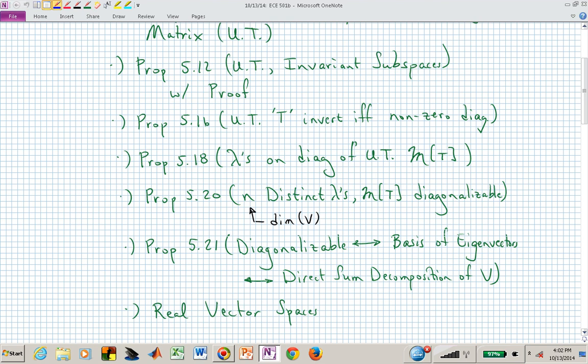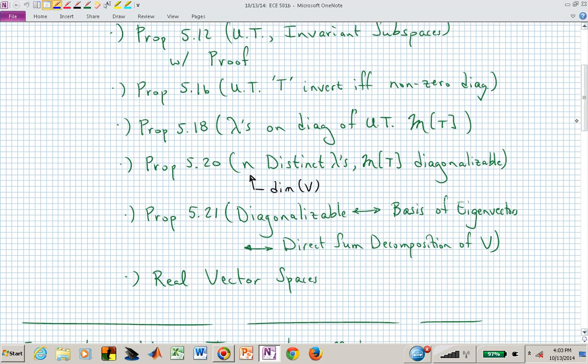If we have n distinct eigenvalues, then that matrix is actually more than just upper triangular. It can be diagonalized. That means we can just look at the eigenvalues on the diagonal of that matrix, but that's only if we have distinct eigenvalues equaling the dimension of our underlying vector space. That's proposition 20.